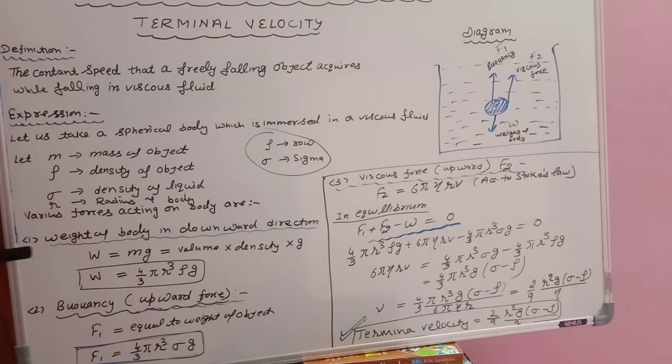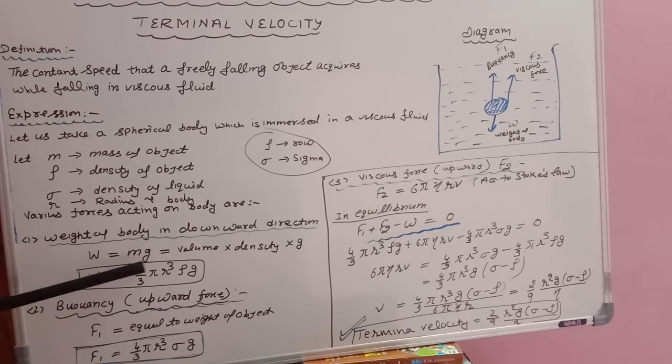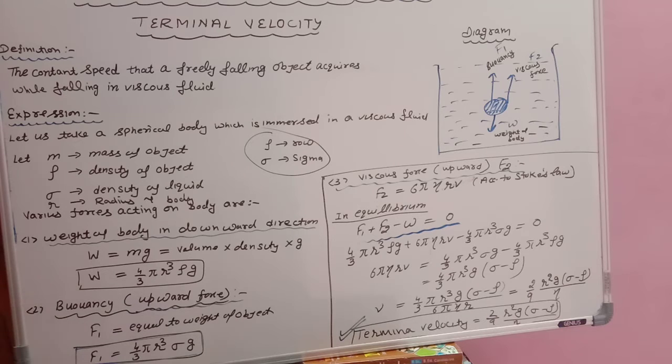Clear? So I am writing here the various forces acting on the body. The weight of the body is in the downward direction. So W is equal to mg. But here mass is volume into density, into g. So W is equal to 4 by 3 pi r cube rho g. I hope it is clear. Buoyancy means upward force.